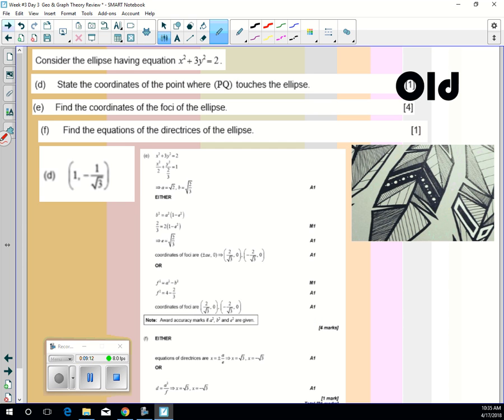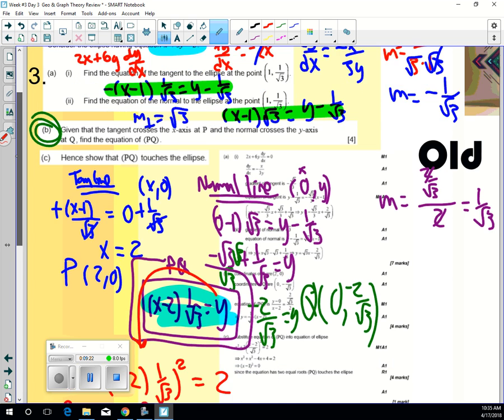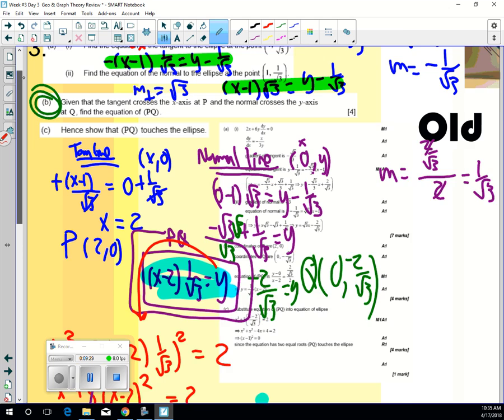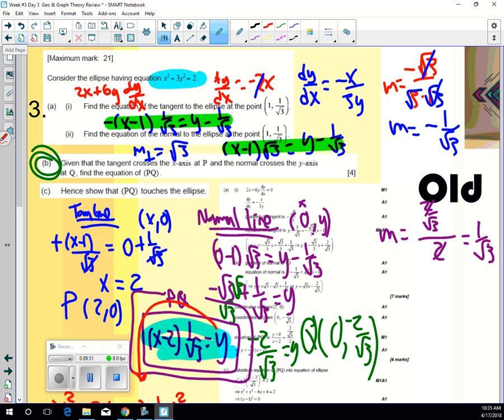Now we go to D. State the coordinates of the point where PQ touches the ellipse. Well, what's the x value where it's going to touch? 1. So then you put that into the original equation, and you're going to get 1 squared plus 3y squared equals 2.